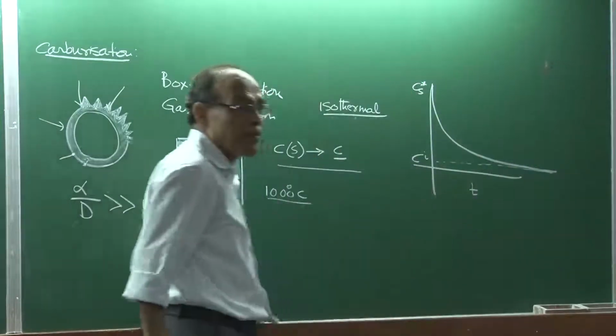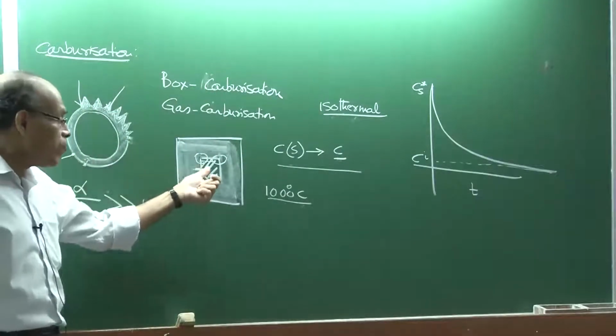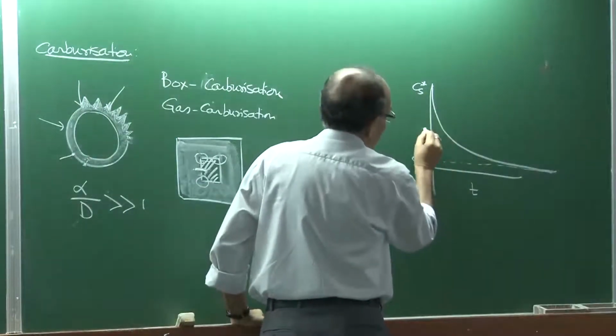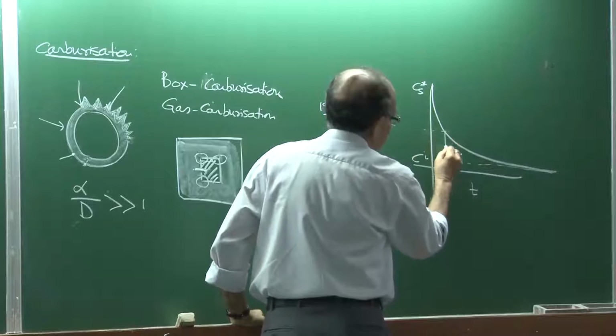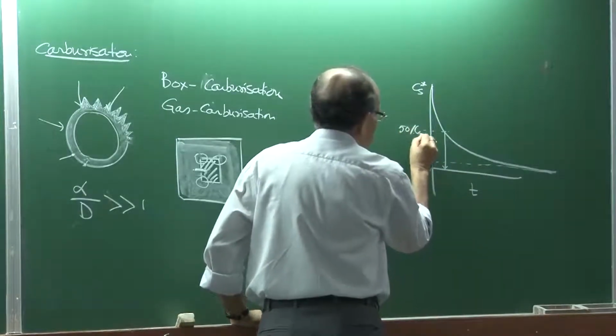Okay? And then you can apply the criterion for the case depth, that I want 50% of the concentration. So if this is the height, this is the 50% of the concentration, and this represents the time, 50% of Cs.